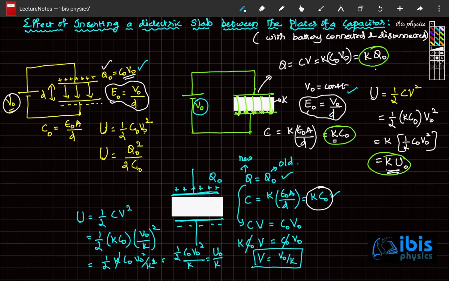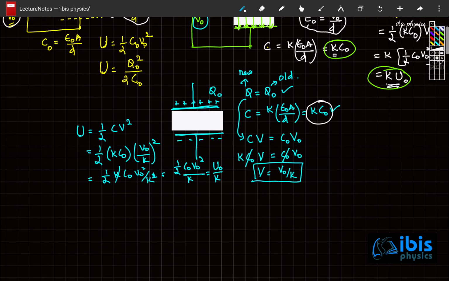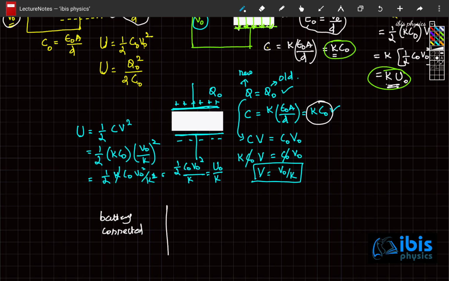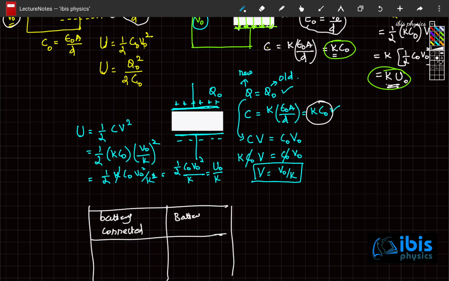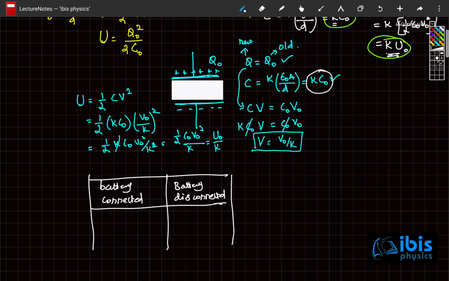So let us say, battery connected, battery disconnected. The initial charge is Q naught.